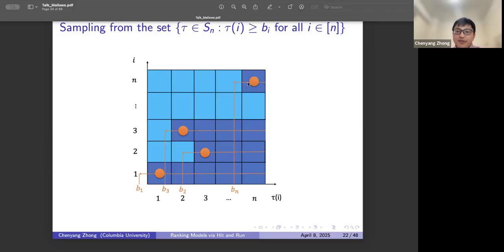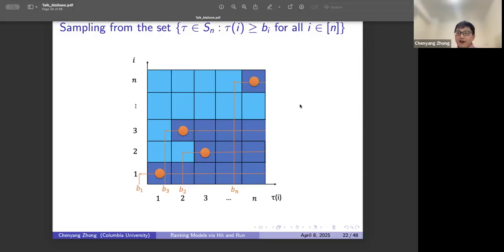And here the orange lines give a one-sided restriction saying that, for example, tau n here must be at least this value. So only this block is allowed. And here it says that tau 3 must be at least this value. So only 2, 3 up to n are allowed. And this specification, those orange dots, gives a specification of a permutation that satisfies this constraint.